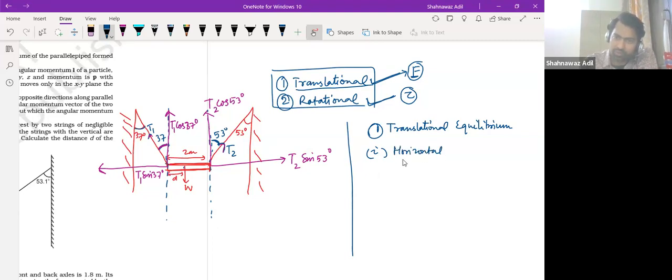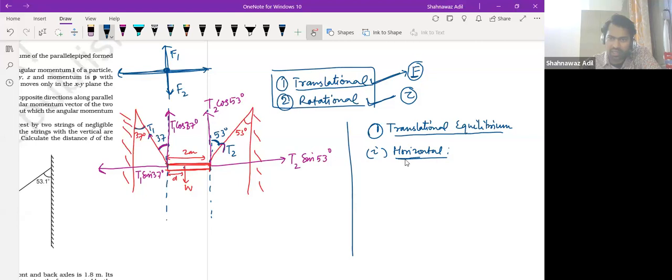I'm saying that this is the translation equilibrium, right? So at this point, let's say these are the forces. This vertical force is balancing the vertical force, and then this right force will balance the left force. That is why this is at equilibrium, right? So this is the horizontal one, this is the vertical one.